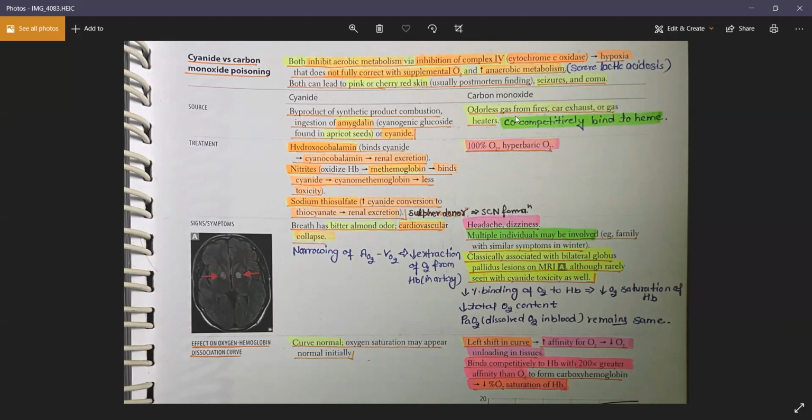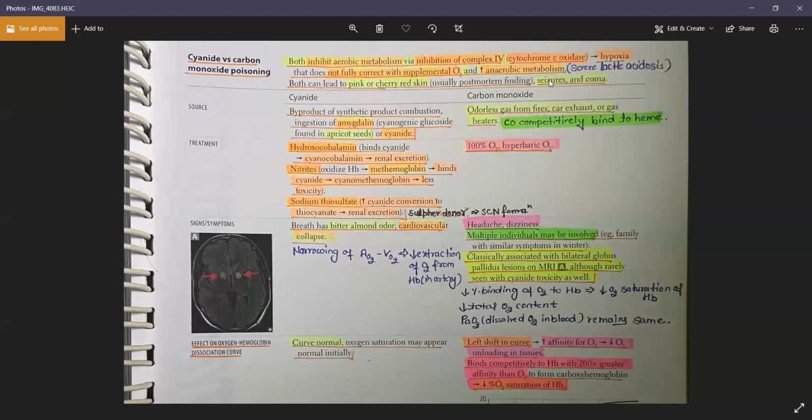Because of this wood, it releases carbon monoxide. So when the patient sleeps like that, they can get carbon monoxide poisoning. Most often multiple family members will be affected, so always look out for that. If multiple family members have the same symptoms, headache and cherry red pinkish skin, seizures, coma, this could be a case of carbon monoxide poisoning.